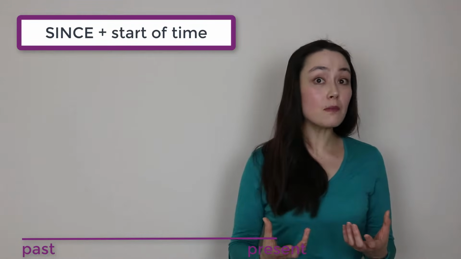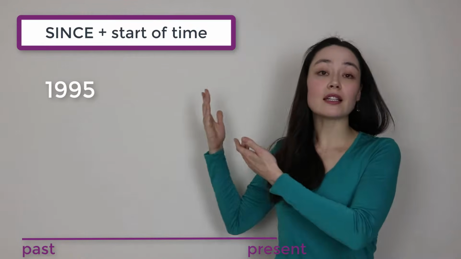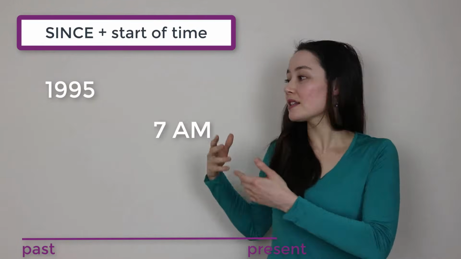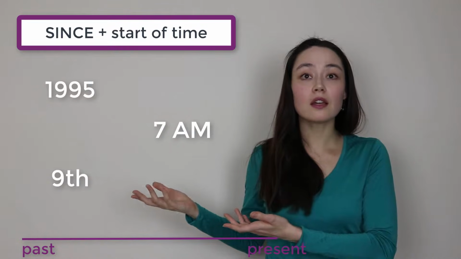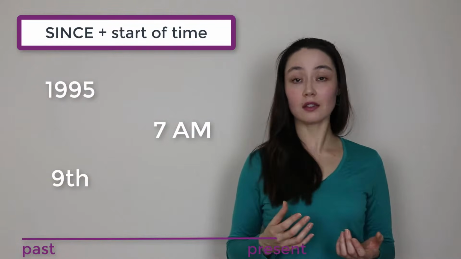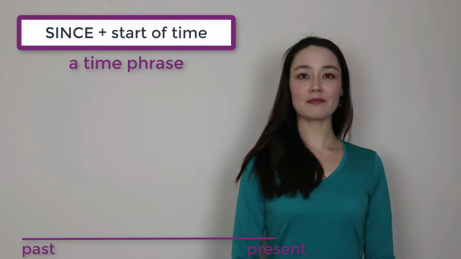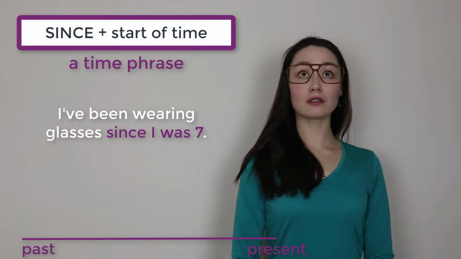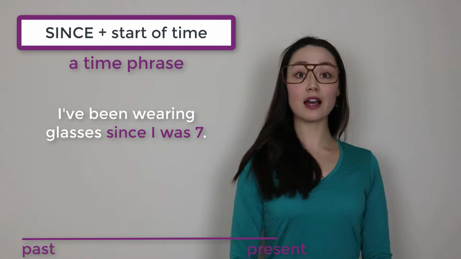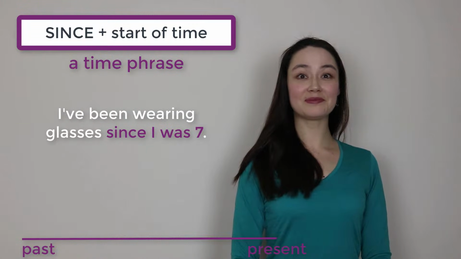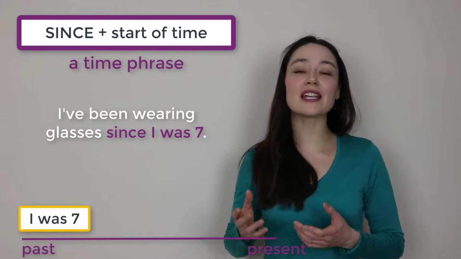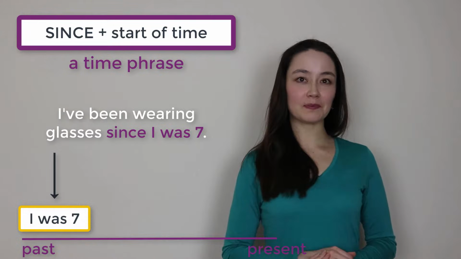Again, the number 1995, 7 a.m., the 9th isn't necessary. It can also be a time phrase. I've been wearing glasses since I was 7. I was 7 is a starting point.